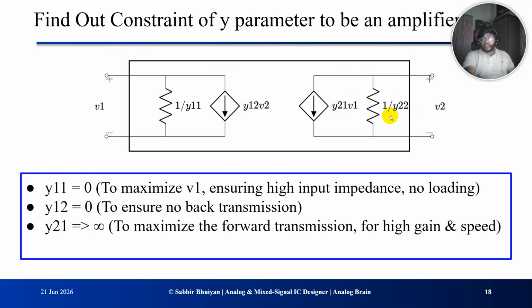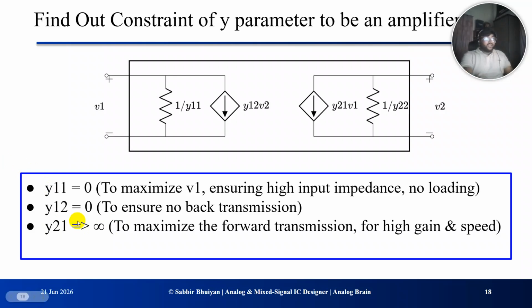Y21 is infinite, we want it as large as possible. Infinite is not possible, so we don't write that Y21 is equal to infinity. Infinite is a concept, not a number. So Y21 tends to infinity, which maximizes forward transmission. This is where the gain and speed come from. And Y22 is equal to 0.